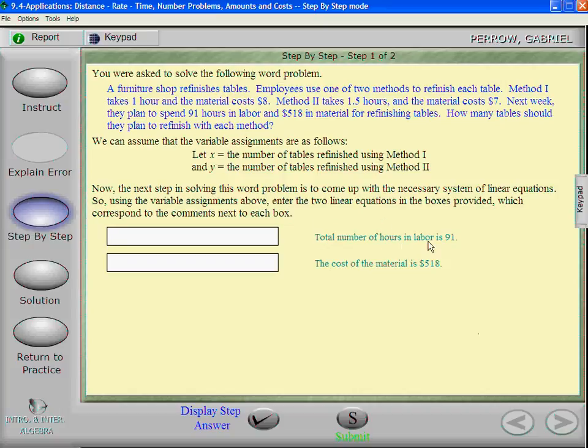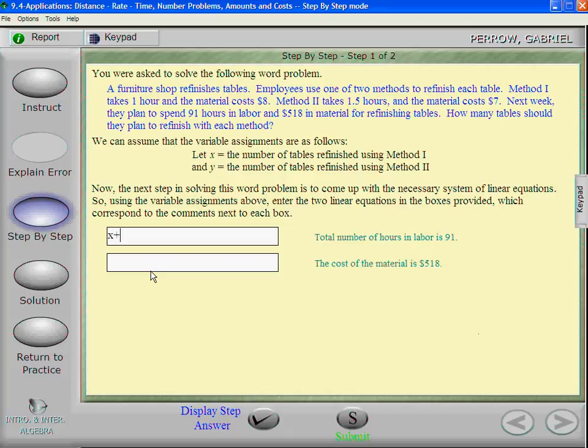They help you out here and say you might want to do something about the total number of hours, because if it takes an hour to do the first method per table, and I multiply by the number of tables, x will actually represent a number of hours. 1 times x is still x.